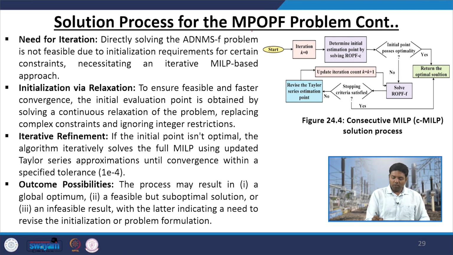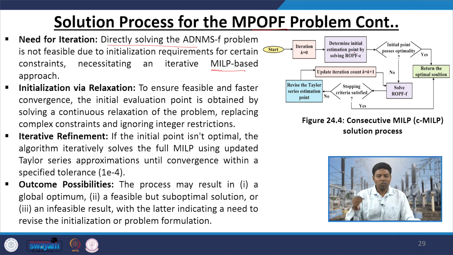So we are doing it for an MPOPF problem where the solution is iterative because we took the first order Taylor series expansion, and that expansion depends upon your initial solution. So you need an iterative method to solve this MILP based problem. For the initial value, you have to start the Taylor series evaluation, right.